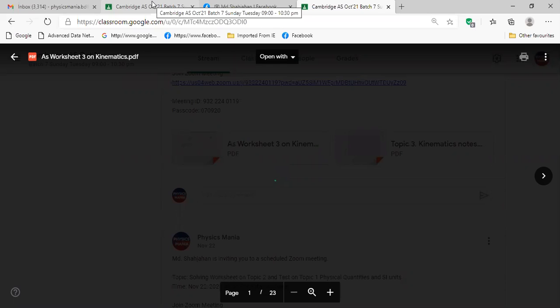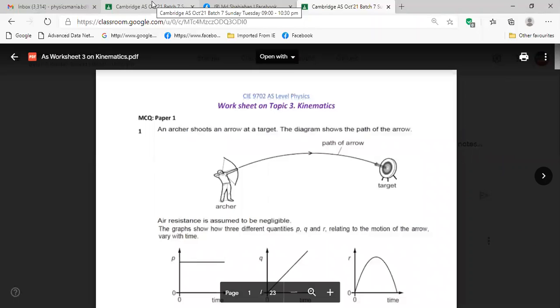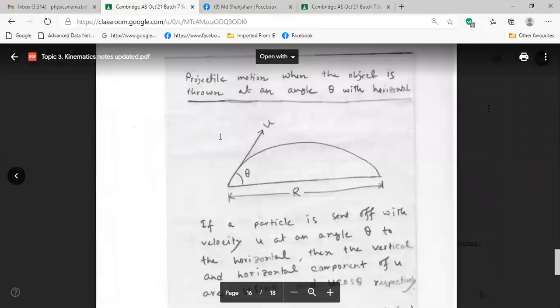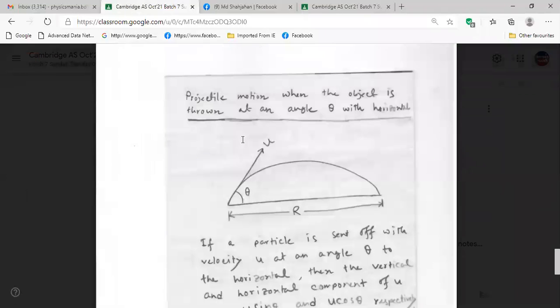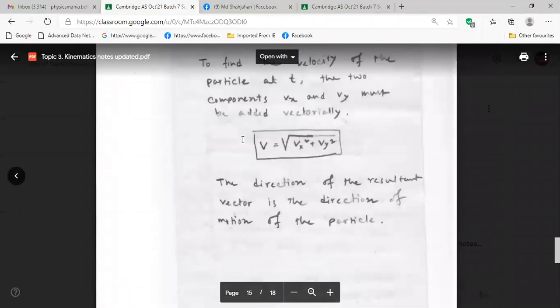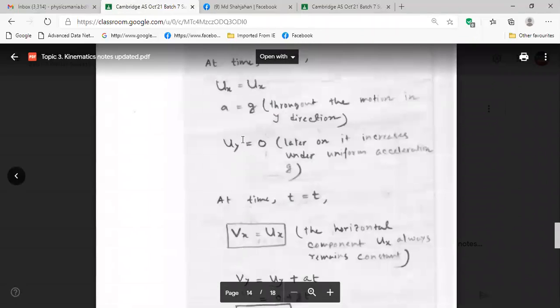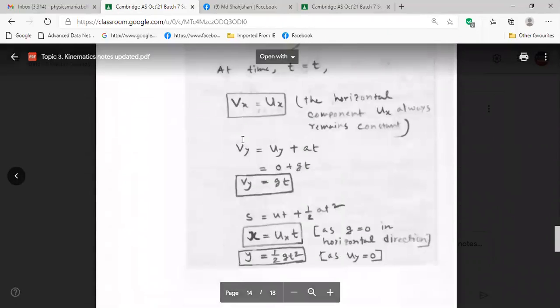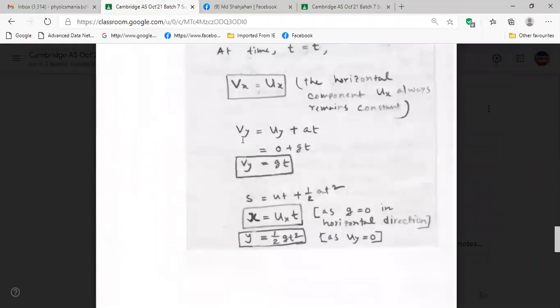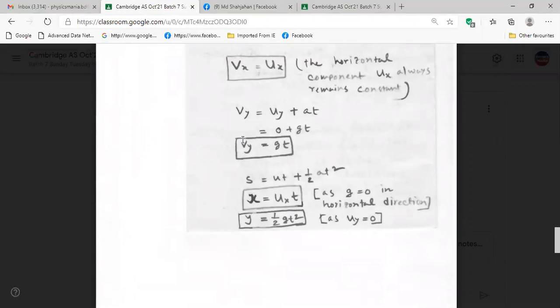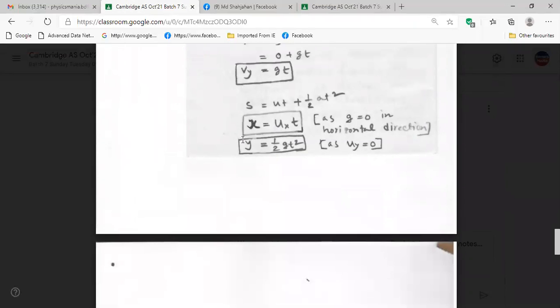For that motion, we saw how the velocity changes in both directions, the horizontal component and the vertical component. We also got the displacement, vertical displacement and horizontal displacement, and how they come. All this explanation we did in the last class.